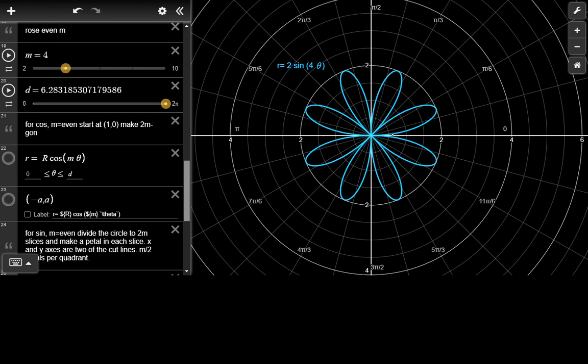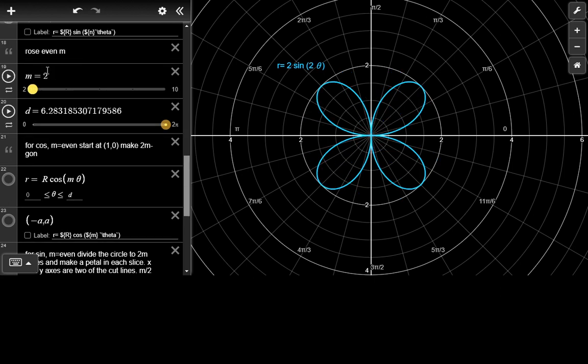Inside each slice, we draw our rose petal. Let's go to the easier case. For example, the multiple is 2, so there will be 4 slices. That is just your X and Y axis. We don't need any more. So the X and Y axis create 4 slices.